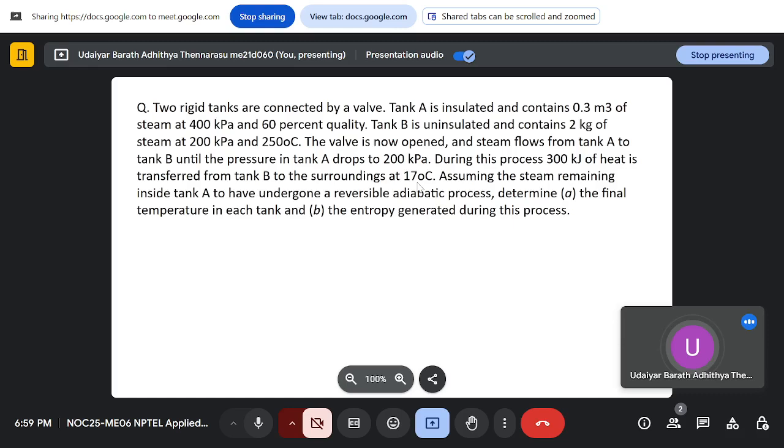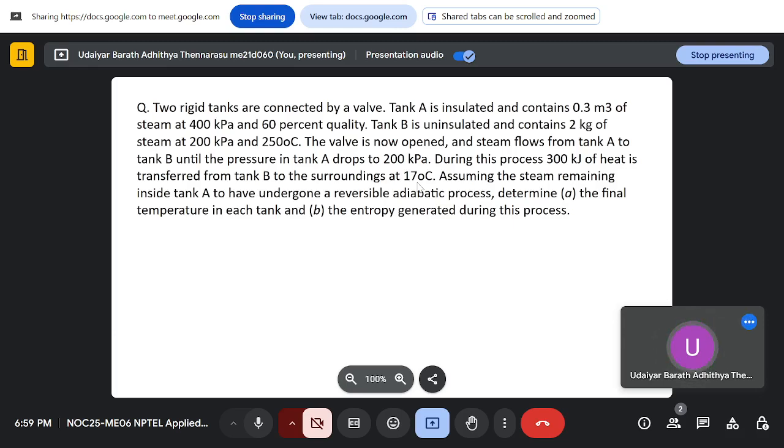And tank B initially contains 2 kg of steam at 200 kilopascal and 250 degrees Celsius. So one is given in terms of volume and the other is given in terms of mass. So we can find out either.